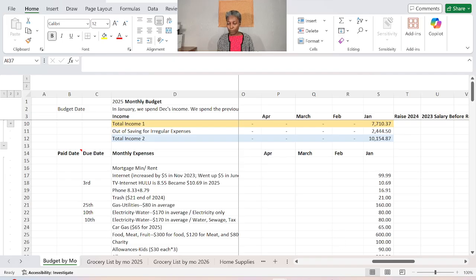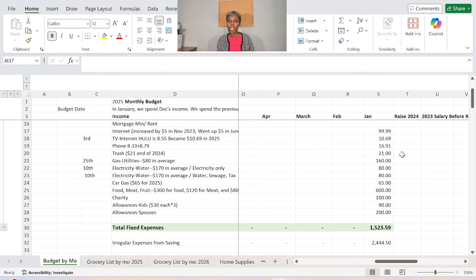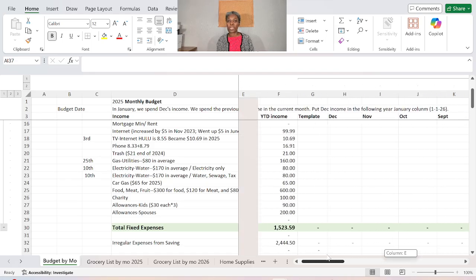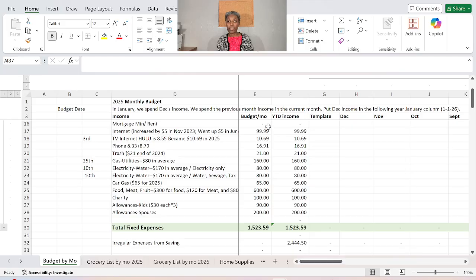So I like to, even before my husband and I sit down and record our actuals, work on our budget by recording our take-home pay that we are going to use during that month, to have our estimated budget for the month. That is the budget, not the actual just yet.